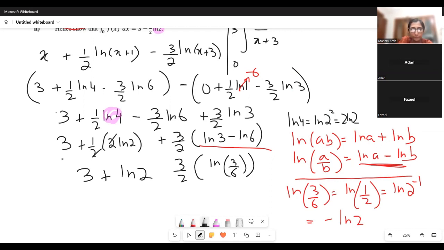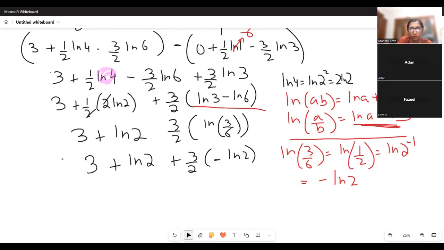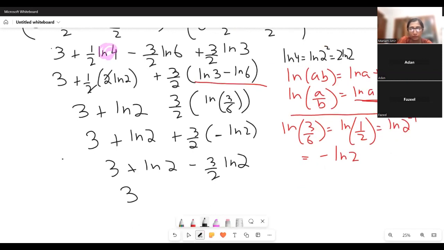So 3 plus ln 2 plus 3/2 times minus ln 2. So we have 3 plus ln 2 minus 3/2 ln 2. So ये बन रहा है 3 minus half ln 2 after taking LCM.